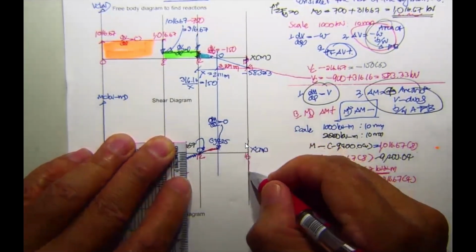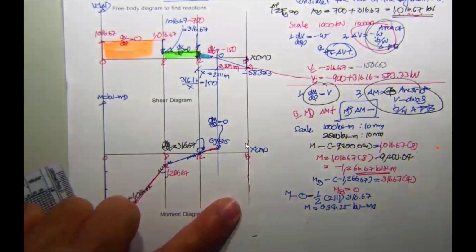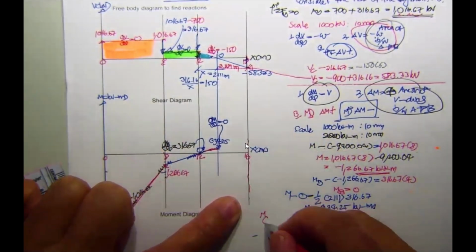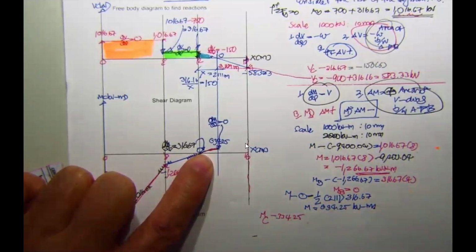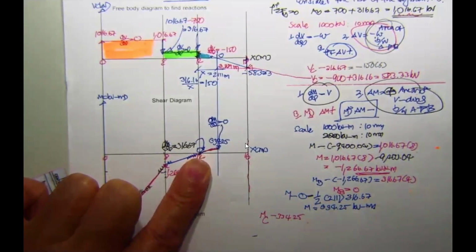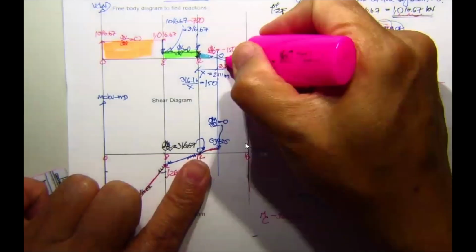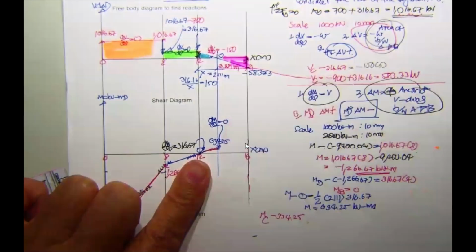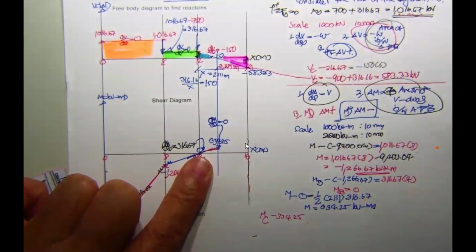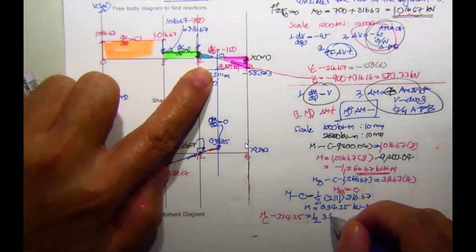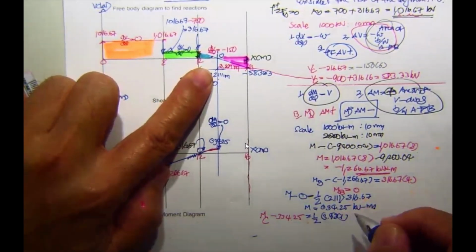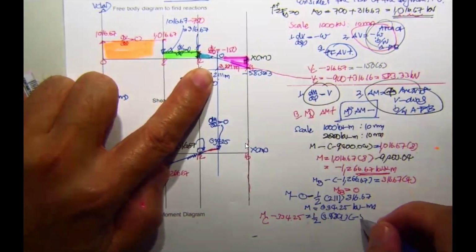Then what's going to be the moment over here? Come over here, M sub C minus 334.25, and then you have to compute the area here. That's going to be equal to 1/2 times 3.889, and this is minus 583.33.